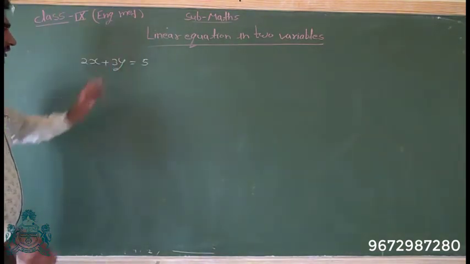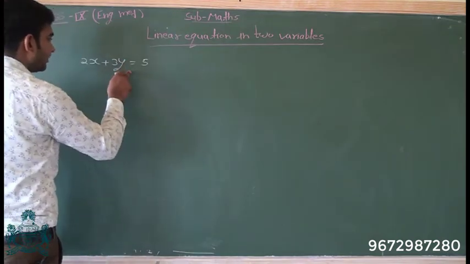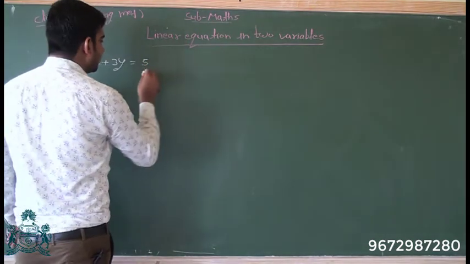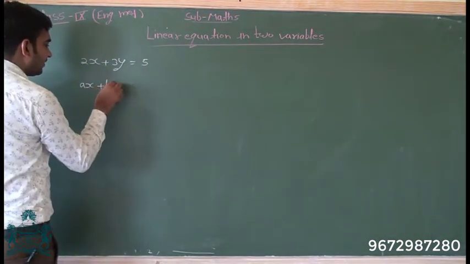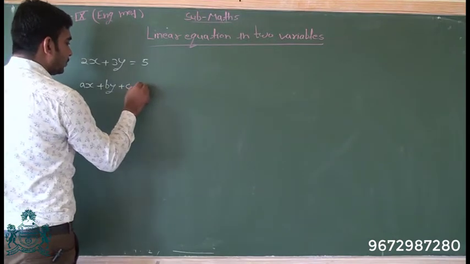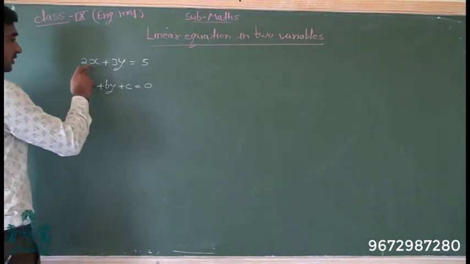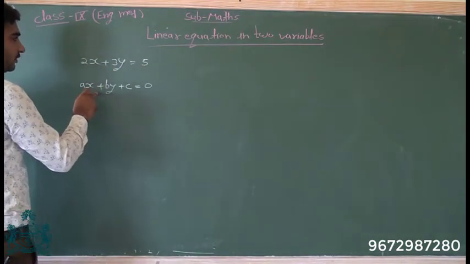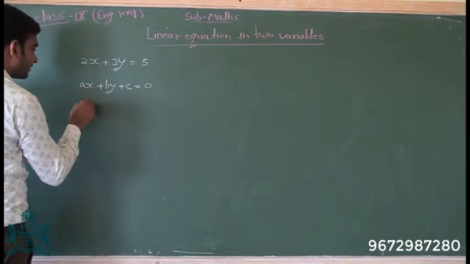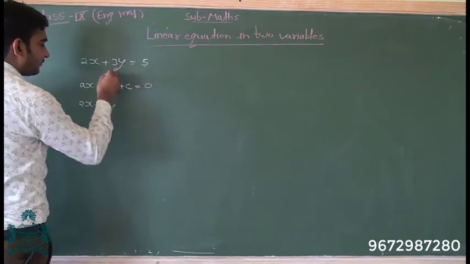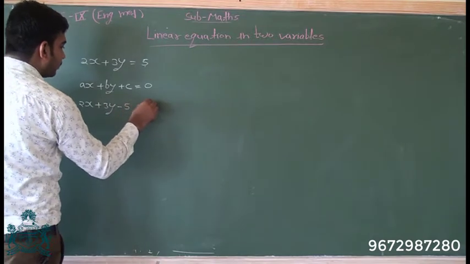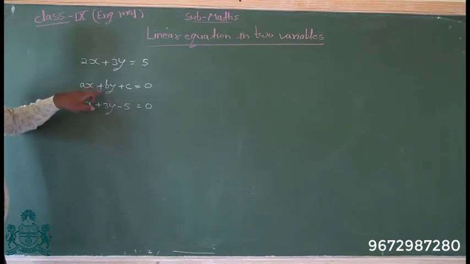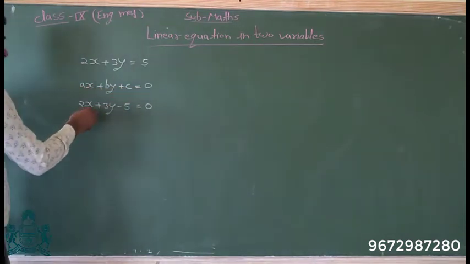Change it to the general form of a linear equation in two variables and find the values of a, b and c. The general form is ax plus by plus c equal to 0. Transferring 5, we get 2x plus 3y minus 5 equal to 0.